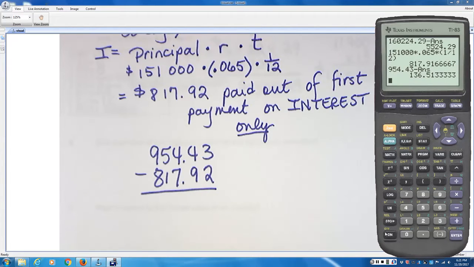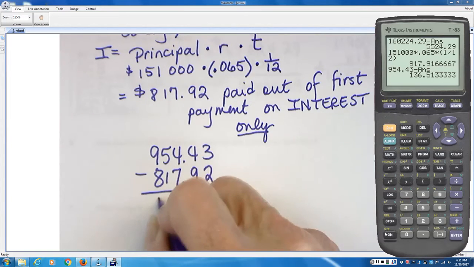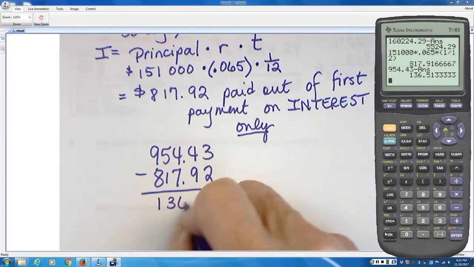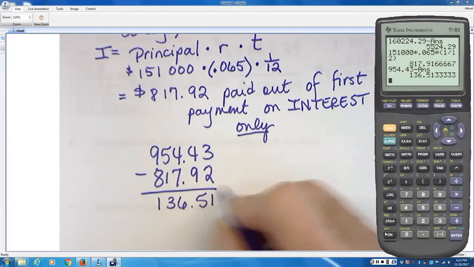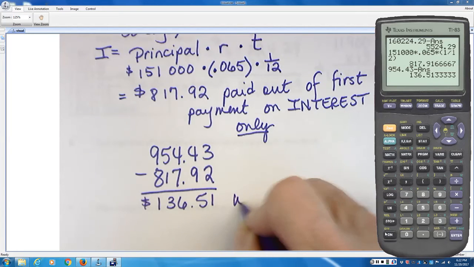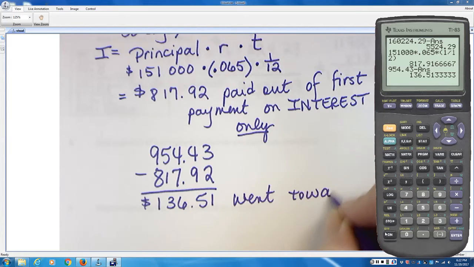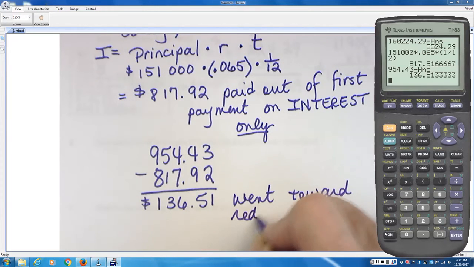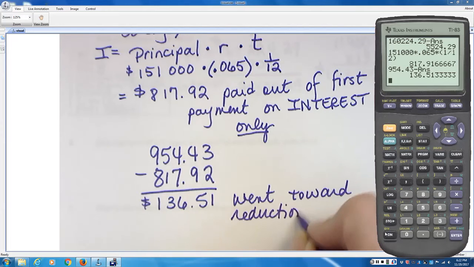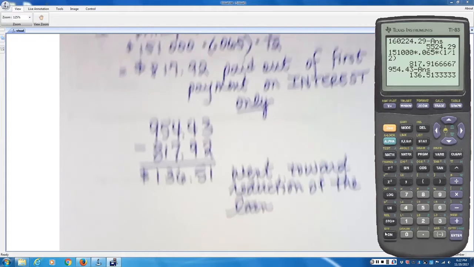And only $136.51 or 52 cents went toward your house. So that's all that went toward reduction of the loan.